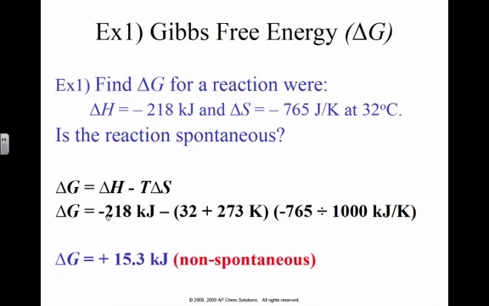By the way, that means it's exothermic, minus my temperature in Kelvin times 0.765 in kilojoules, and don't forget that's negative. Do all that in math and you get delta G equals positive 15.3 kilojoules, and since it's positive, that means it's non-spontaneous, which means the reaction will not take place at this temperature.